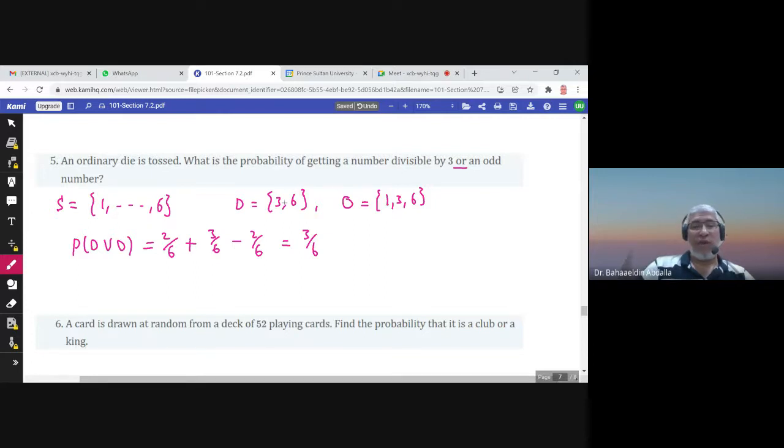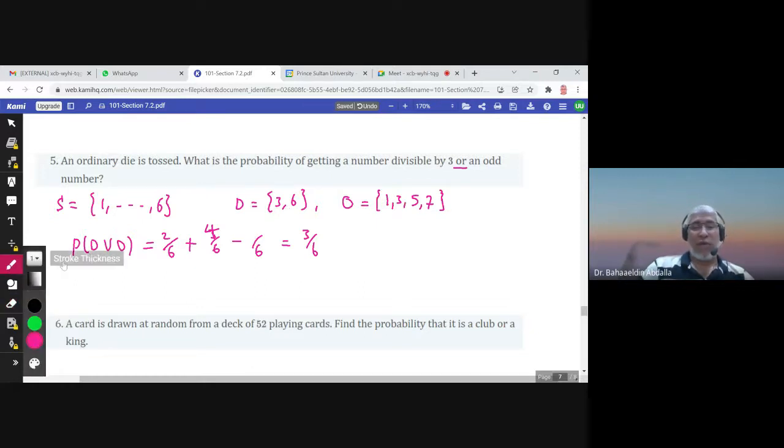Divisible by 3 and odd. Oh, there is 5. 5 and 7, sorry. 6 is not odd. 1, 3, 5, 7. So this is 4. And the only intersection, they intersect at 3 only.